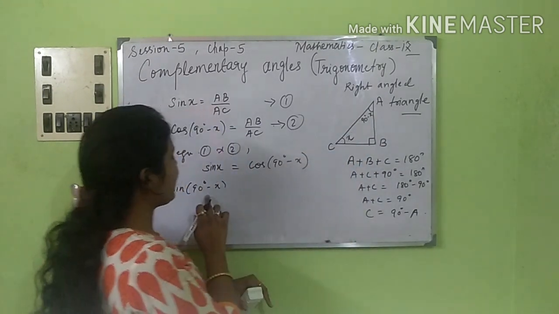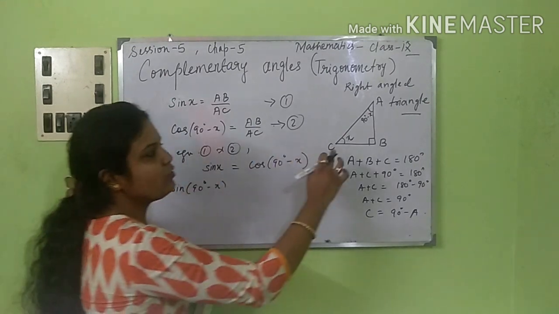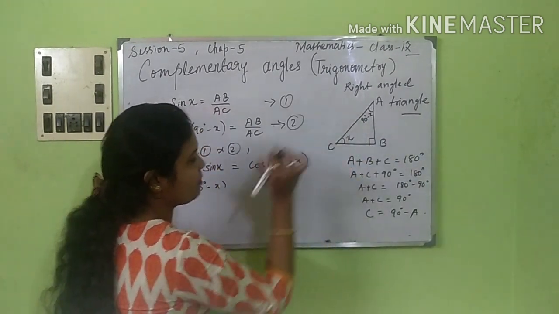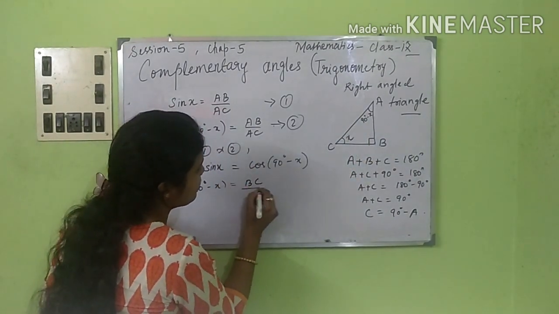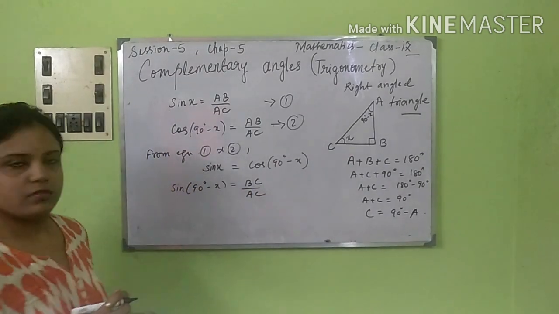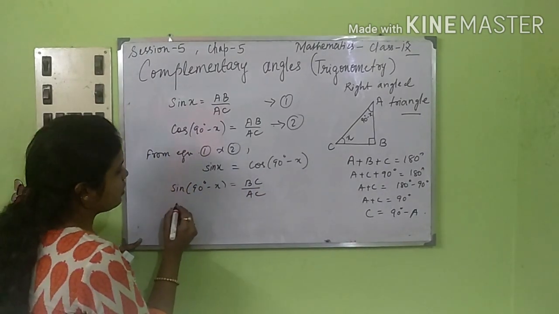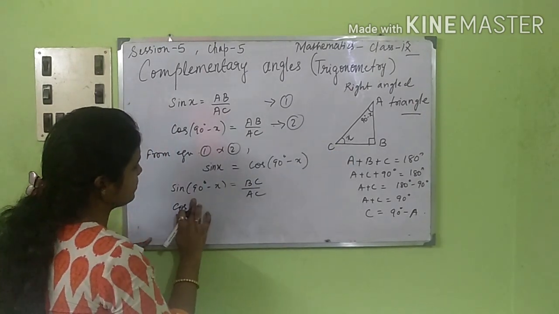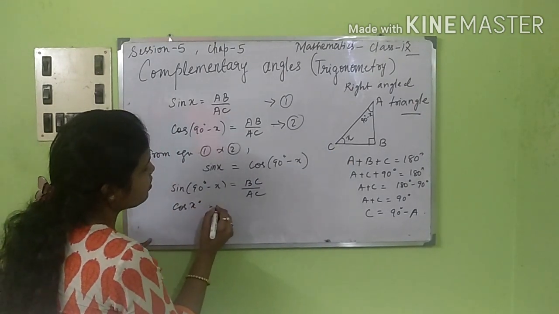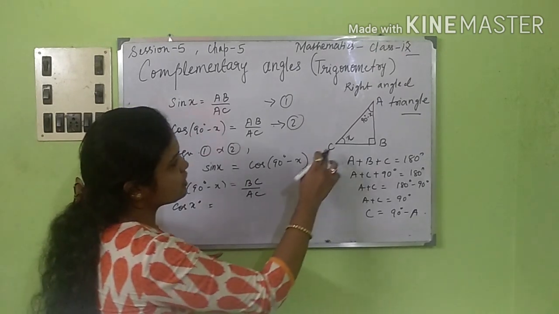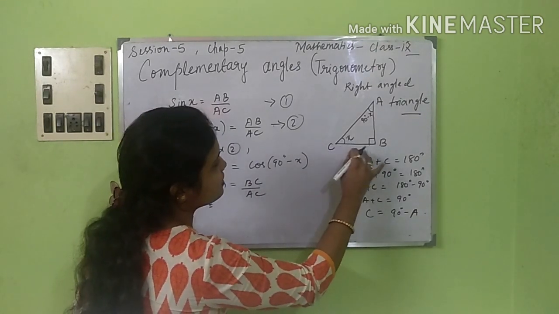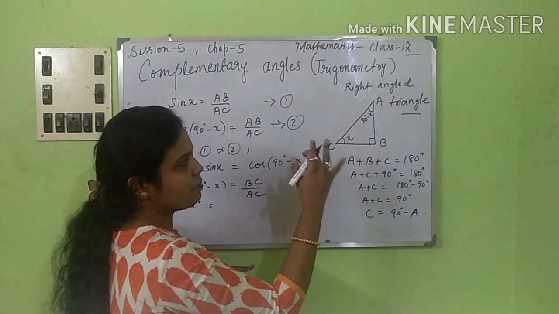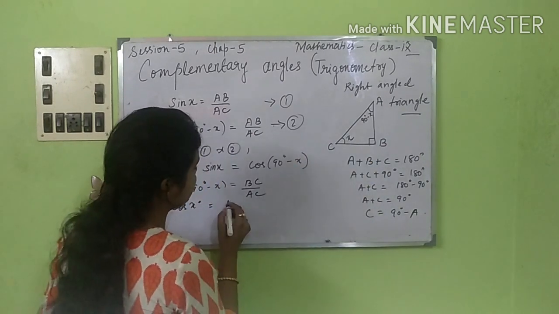So we know sine 90 degree minus x will be, sine will be perpendicular by hypotenuse, that is BC by AC, right? So cos x, if you take this, that will be what? Cos x will be, obviously as you know, base by hypotenuse, which is a base here, BC.